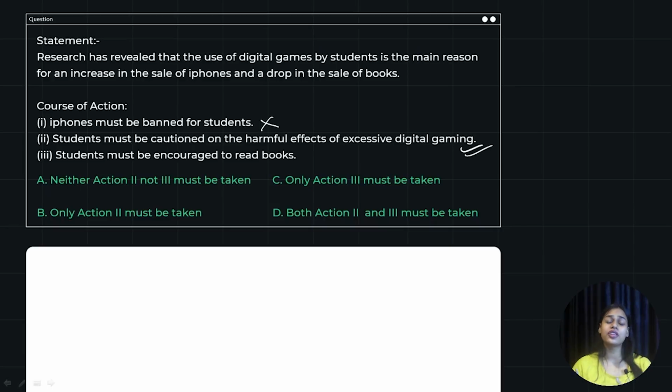So both of these options are correct. That means action 2 and action 3 can be taken. Hence we can say that option D, both action 2 and 3 can be taken, right? That way you can help a student to reduce digital gaming and increase reading books. So option D is the correct answer.